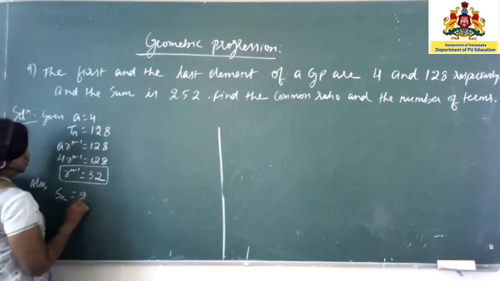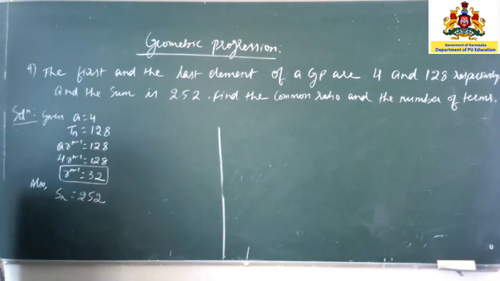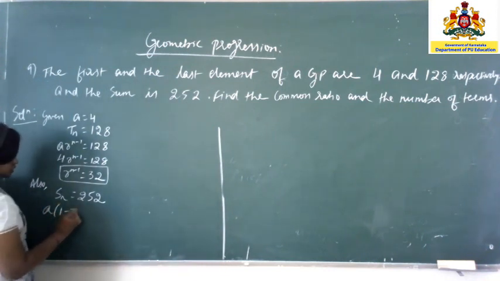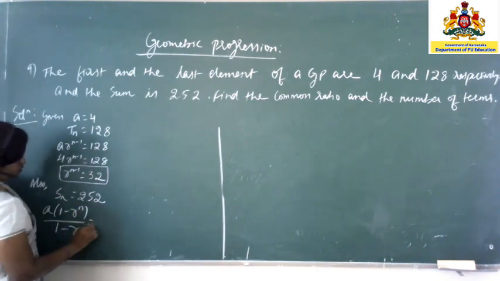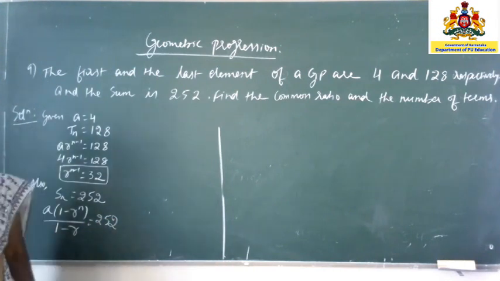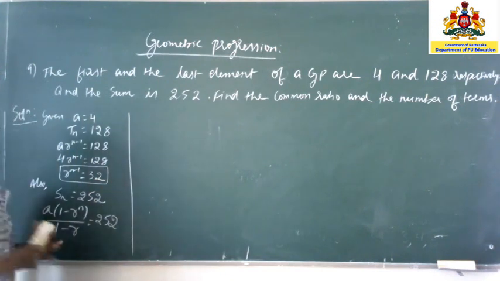Sn is equal to 252. So Sn is A into 1 minus r to the power of n by 1 minus r is equal to 252. So A is 4.